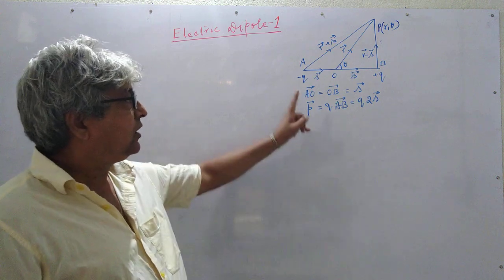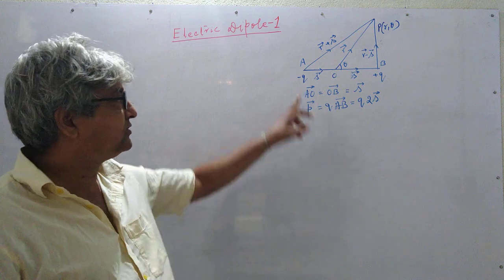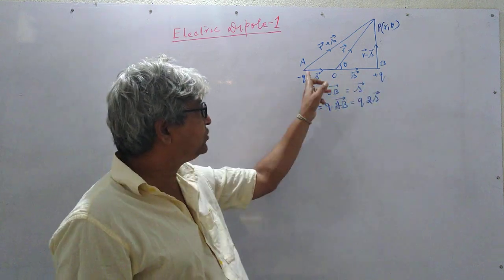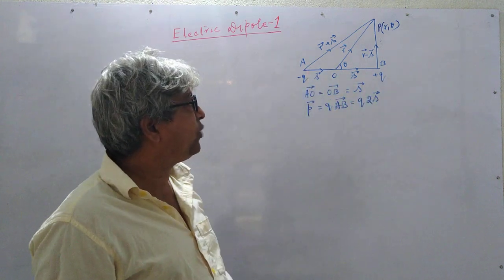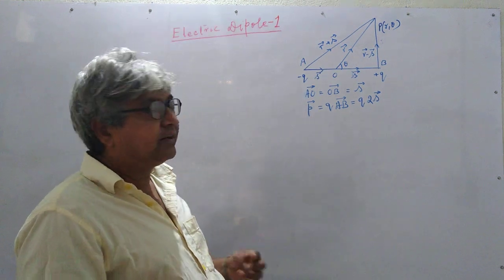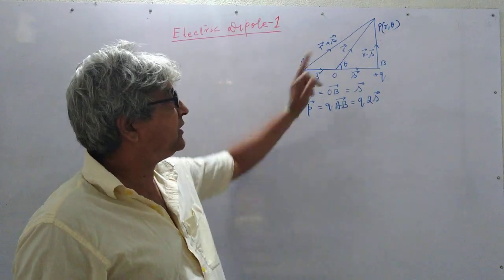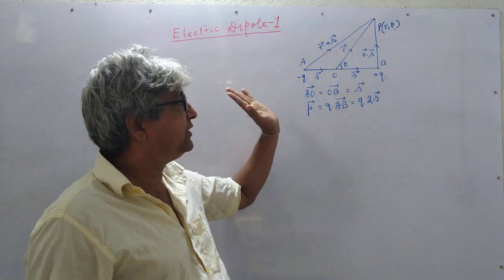An electric dipole is comprised of two equal and opposite point charges, minus q and plus q. They are separated by a distance 2s. If we want to find the field at a distance r from the center of the dipole, then r is much greater than s. This is the definition of a dipole.